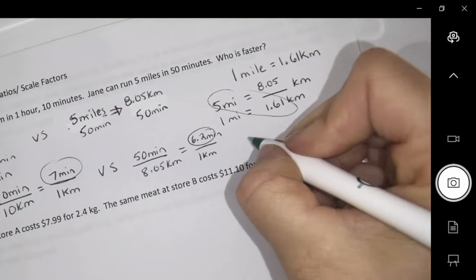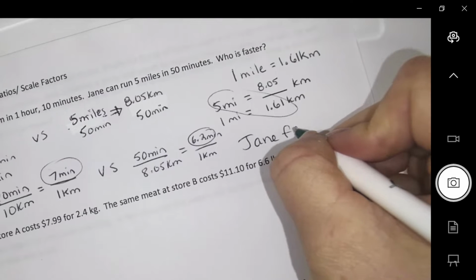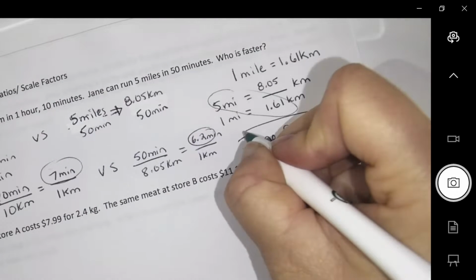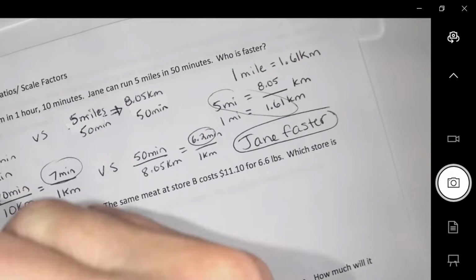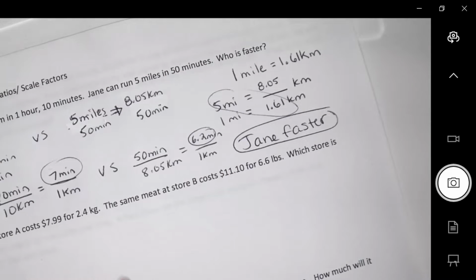Jane. She can run a kilometer in 6.2 minutes, which is faster than running a kilometer in 7 minutes. Okay, so something like that would be on your test where I'm trying to trick you by throwing kilometers and miles into a question, which are different. I'm going to throw in some 1 hours and then other things in minutes, and you have to make sure that everything's in the same unit.